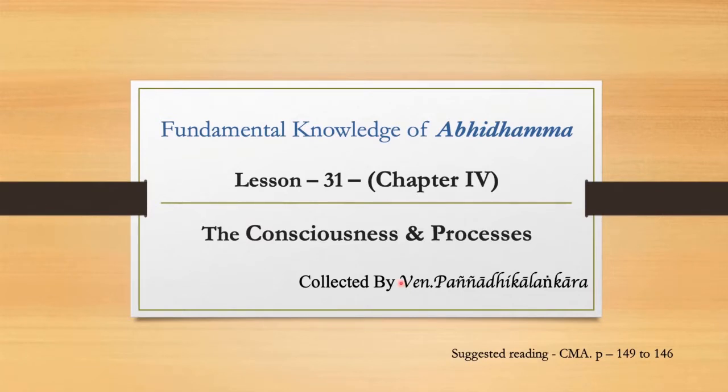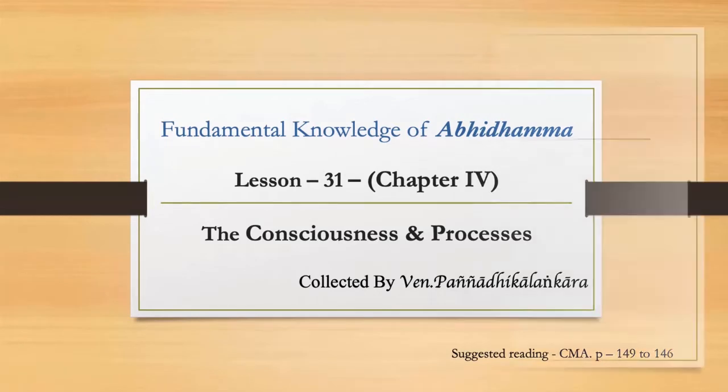And in this level 2, 3 chapters will be included: chapter 4, the compendium of cognitive process, chapter 5, the compendium of process-free, Vithimutta, and the compendium of materiality, Rupa. So let's start lesson 31 for level 2.